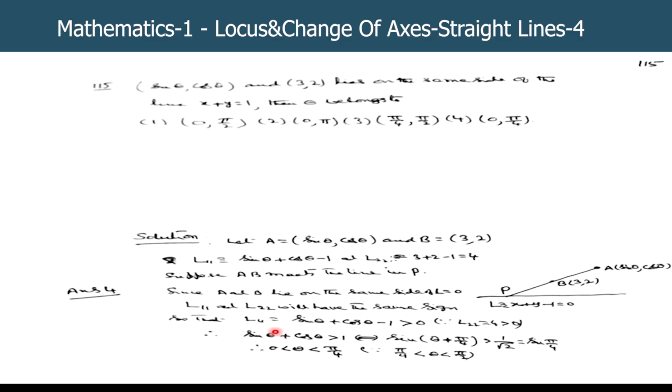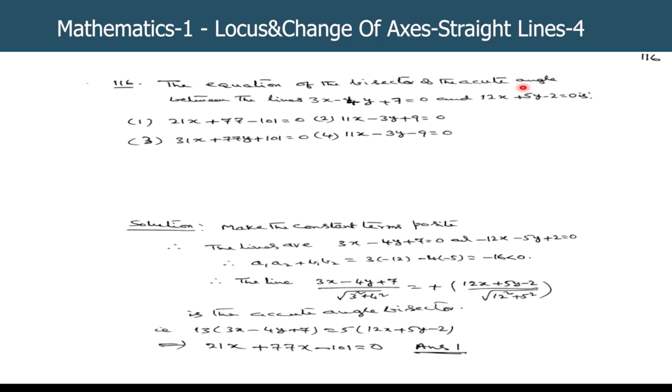So therefore, L11, which is sin theta plus cos theta minus 1, must be positive. Sin (theta plus pi/4) is greater than 1/root 2. So therefore, greater than 1/root 2 means the angle must be greater than pi/4. So theta must lie between 0 and pi/4. So the correct answer is option 4.